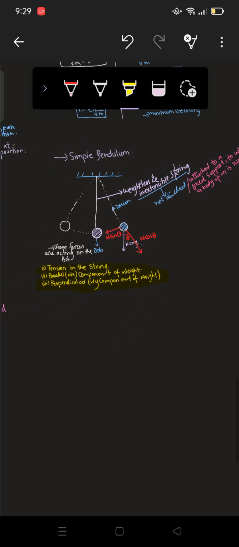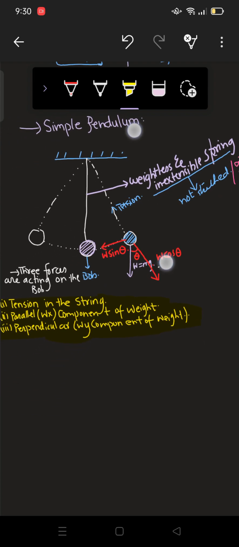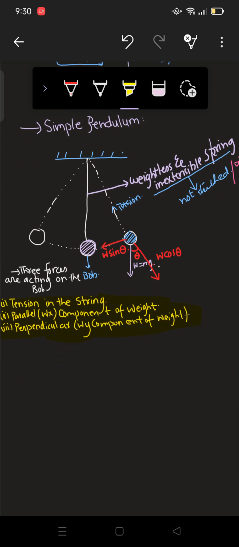Then we said three forces are acting on this bob, this mass suspended to a string. The first force is tension in the string. We know that this string will have some tension along it.